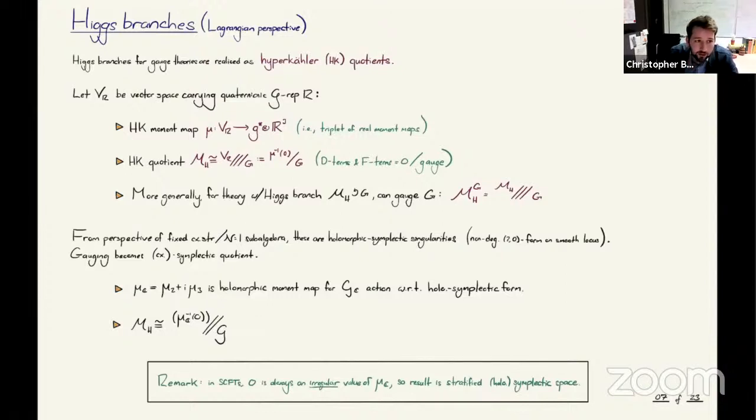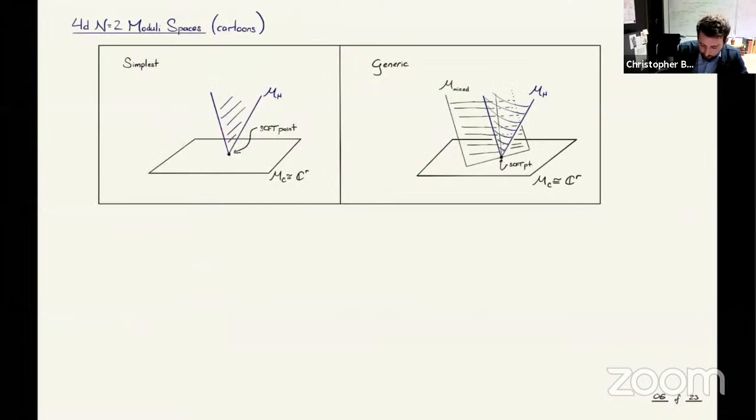And so what you get when you do this is not a smooth holomorphic symplectic manifold, but some kind of stratified holomorphic symplectic space. At the very least, if we go back to the cartoon I had, you're going to have 2 strata, where one is the point at the tip of the cone, which is the singular point, and the rest is some sort of smooth rest of the space. But really, you can have all sorts of intermediate strata.